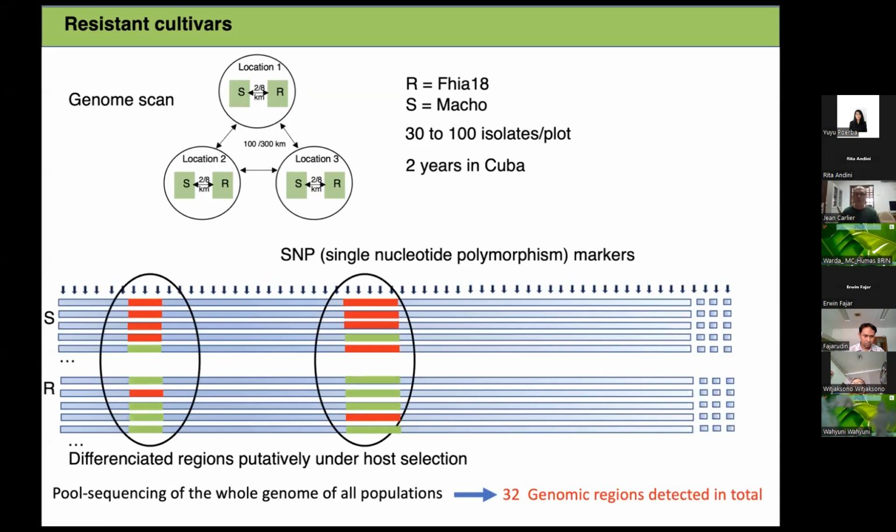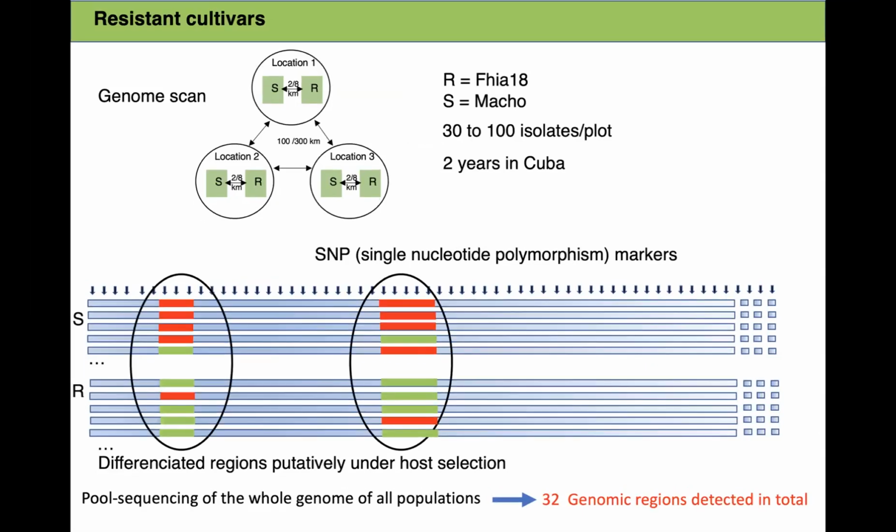I mean regions where the allelic frequencies between the two types of populations are different in comparison with the other part of the genome. And this will be an indication that these regions are under host selection. So using pool sequencing of the whole genome of all populations, we were able to detect 32 genomic regions in total, which were putatively under host selection.